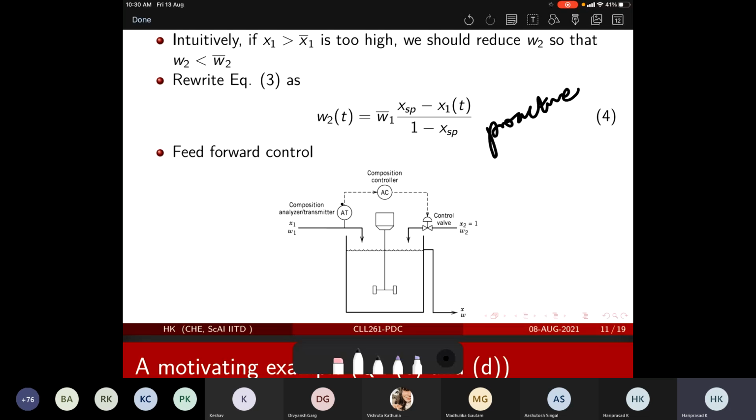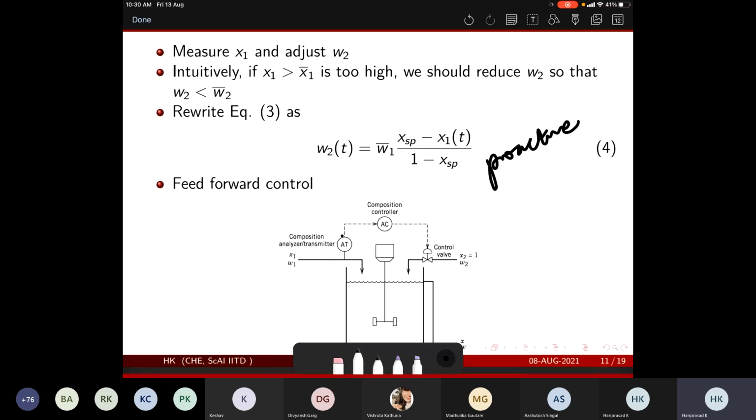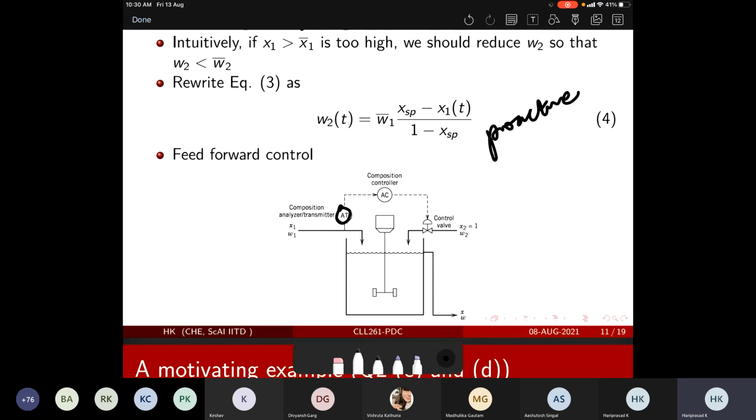But what is the problem of this proactiveness? Let's say you measure this. If you don't really know how the variability in X affects your final product, that's a danger.